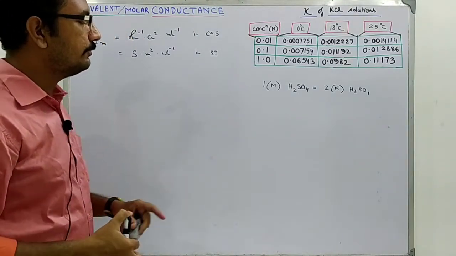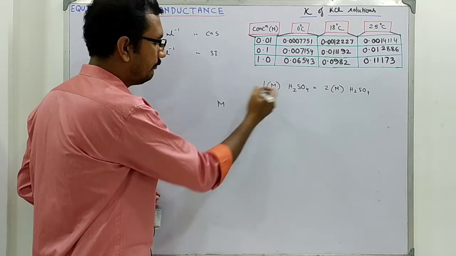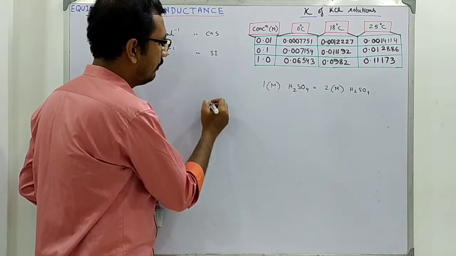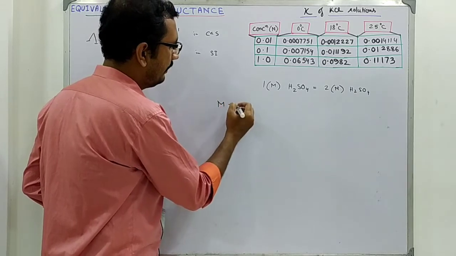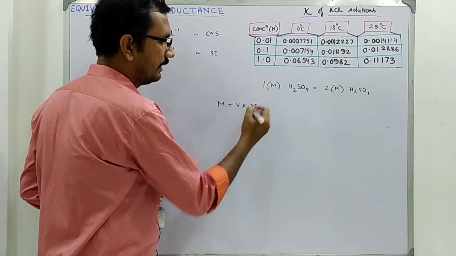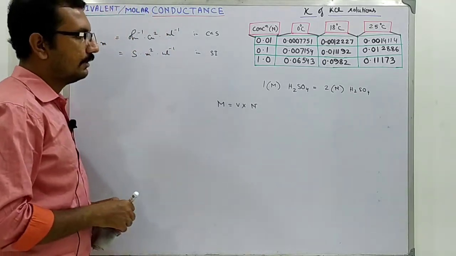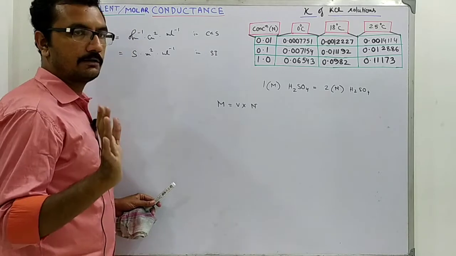Now, do not try to write the relation from this that molar equals valency into normality. Do not try to have such relations, that will be erroneous.